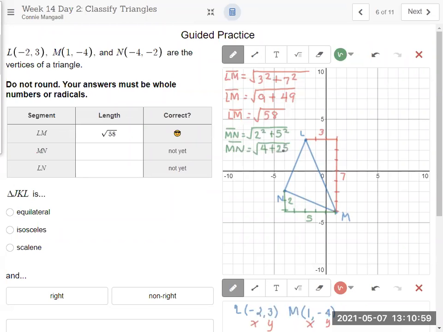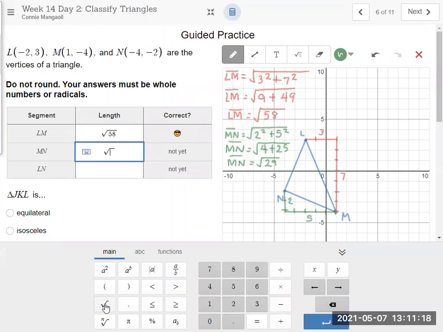It's 5 times 5, not 5 times 2. So MN, therefore, 4 plus 25 will give you 29, right? So our MN is square root of 29. Good?